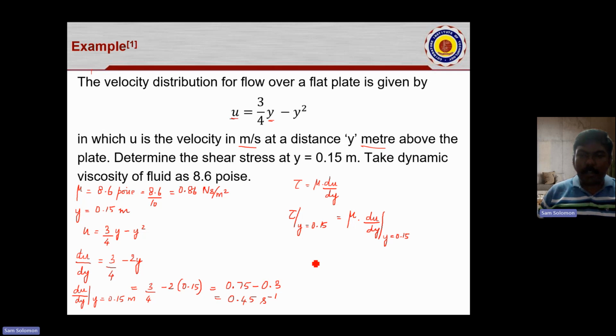And now all I have to find out is the value of tau. So the value of the viscosity mu is given as 0.86. Du by dy is 0.45. I'm supposed to simply multiply these two values. Okay.